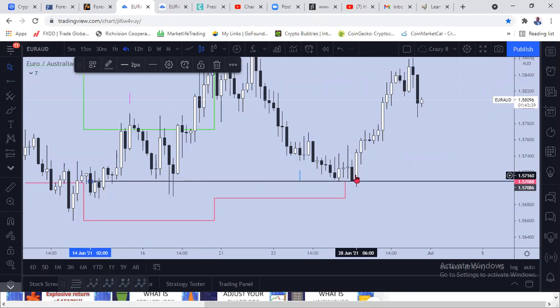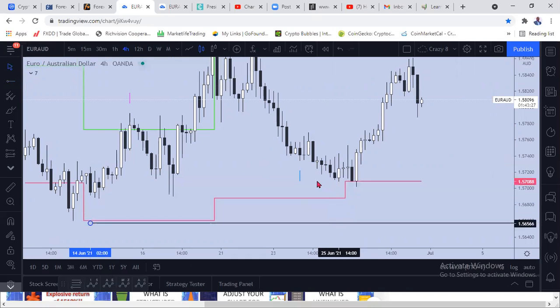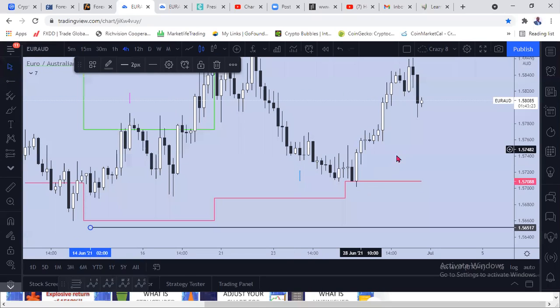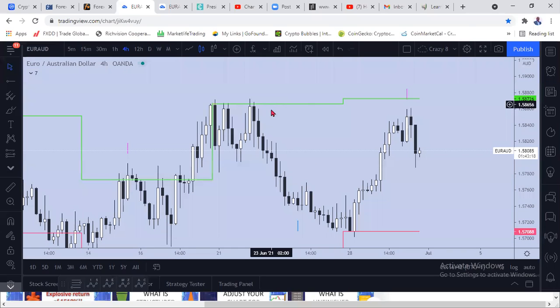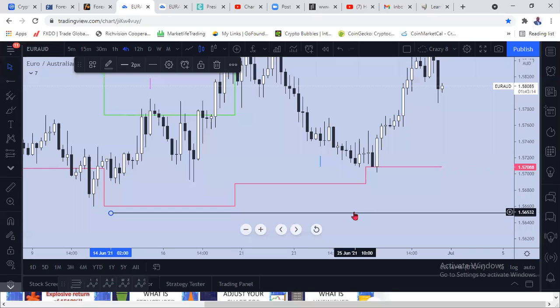The lowest point of last week happened to be this point, this particular candle, and the lowest point for last week. So that's last week's low. So it superimposes the previous week's low onto the present week.